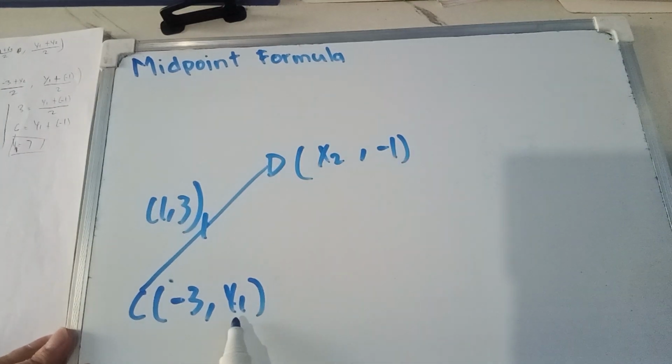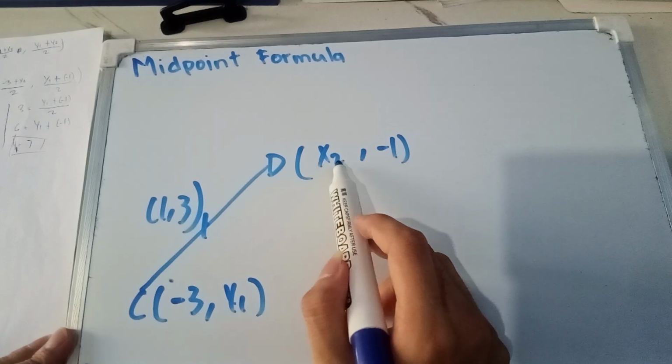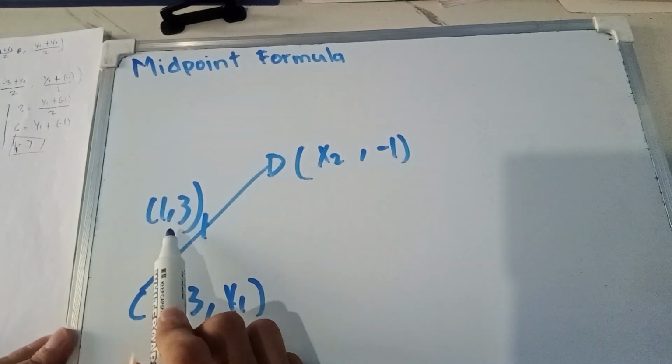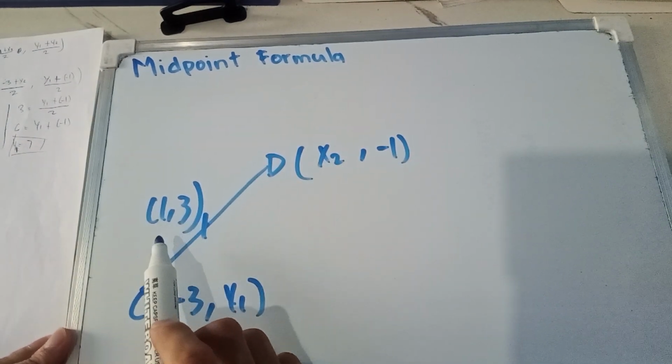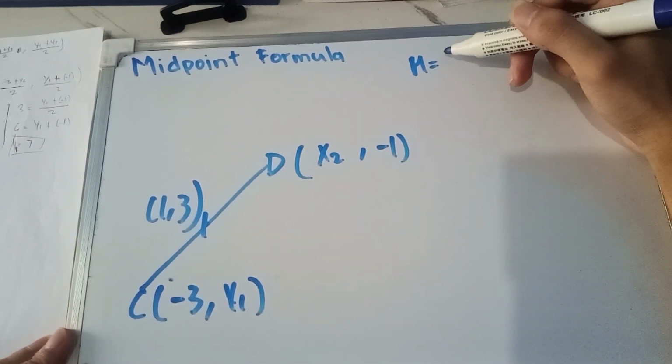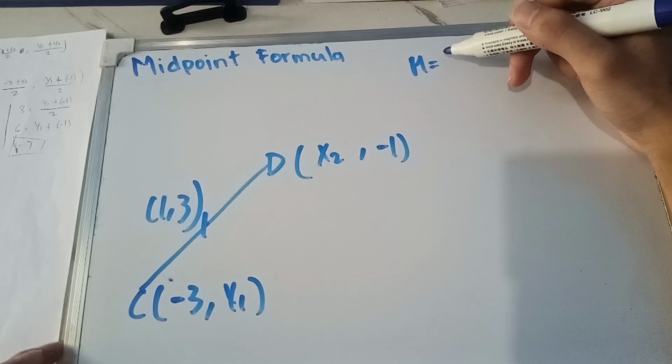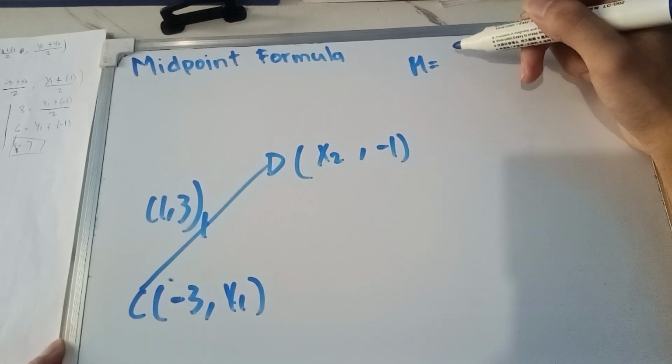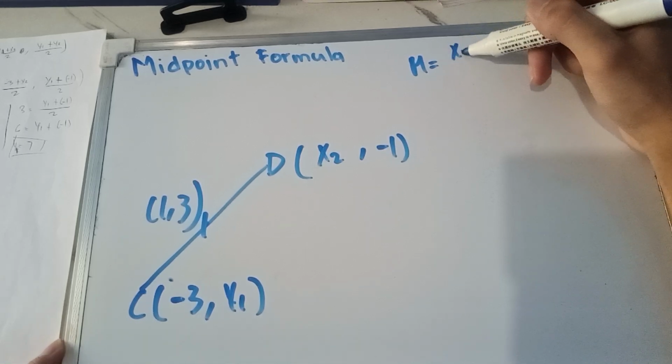So what is the value of y sub 1 and x sub 2, given that our midpoint is 1 and 3? So first we will write our given or the formula.